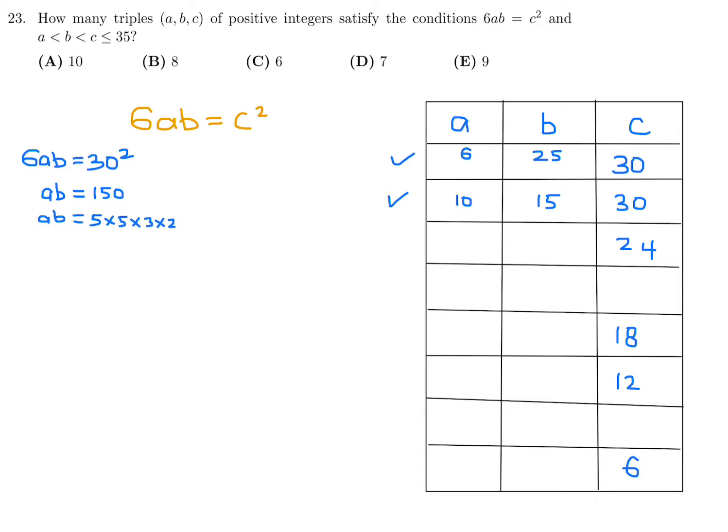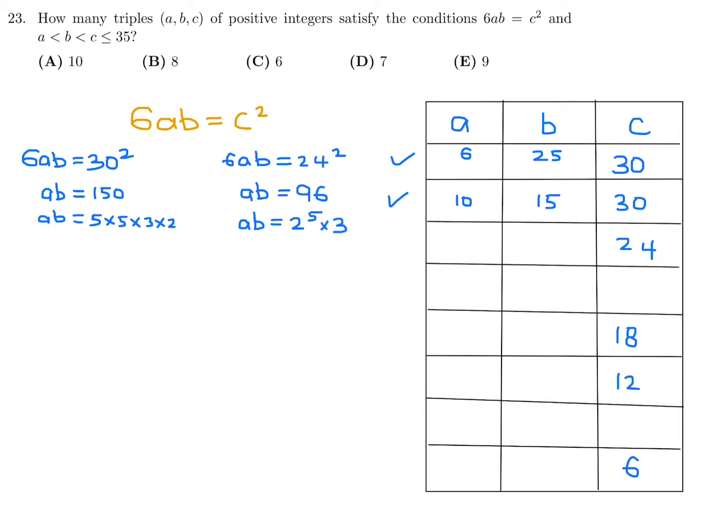All right, so in a very similar way, we have to do this for all the others. So let's move to 24. This time 6AB is equal to 24 squared. So that means AB is equal to 96. 96 in its prime factorization is 2 to the power of 5 times 3.